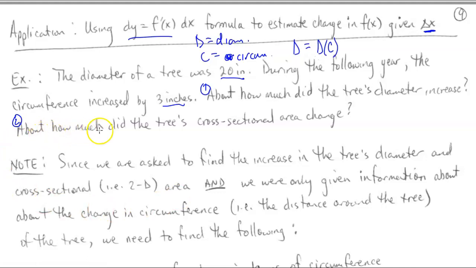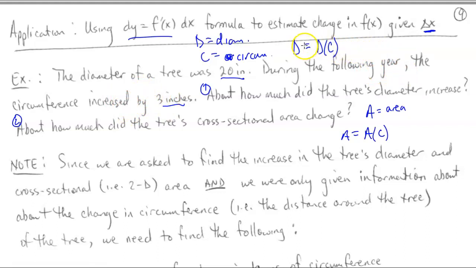Similarly, if we look here for question number 2, we're asked to figure out how much the cross-sectional area changed. So if A is going to be the area, and of course C is going to be the circumference again, we're going to need to be able to figure out A as a function of circumference, okay? Because remember, circumference was the thing that actually changed.